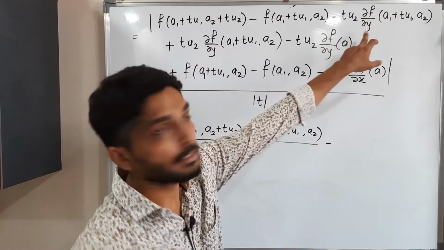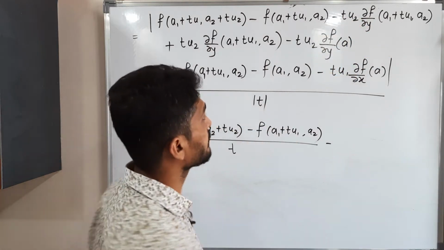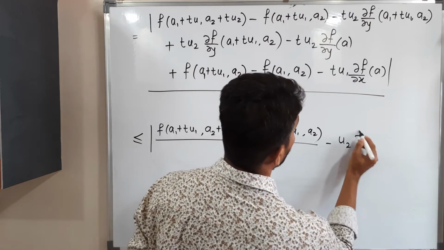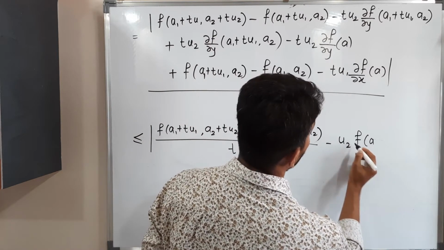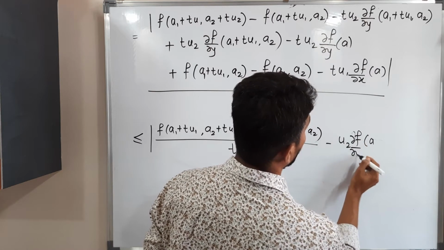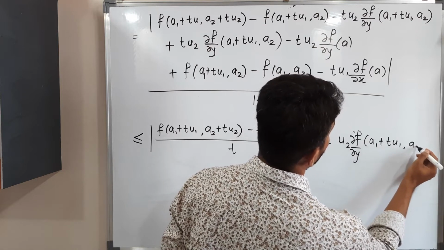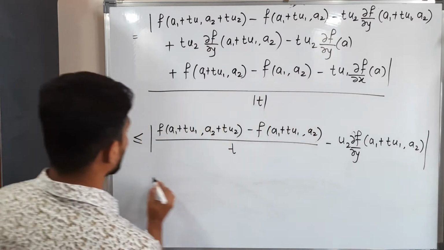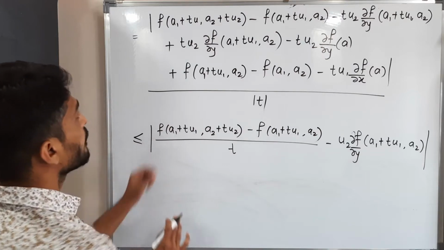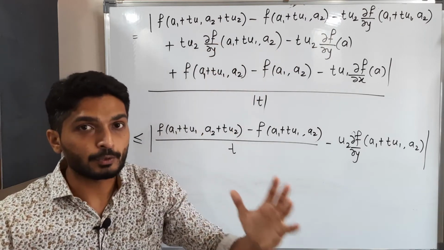If you divide it by t, that t will get cancelled since there is one t, and we will have u2 divided by y of (a1 plus tu1, a2). I have taken separate mod, plus for these two terms I'm going to divide by t, as well as take separate mod.